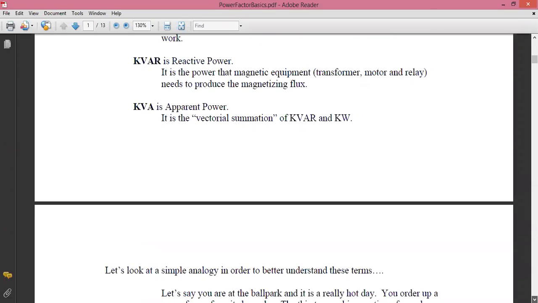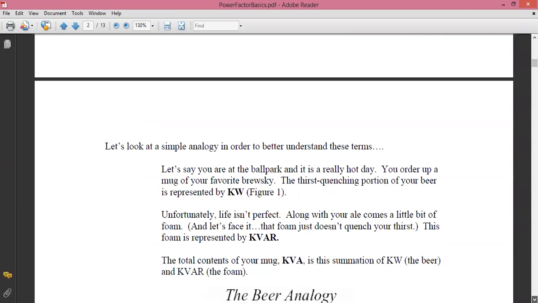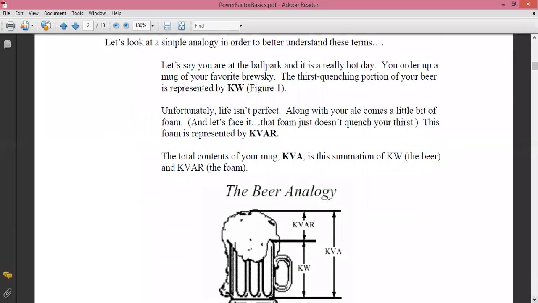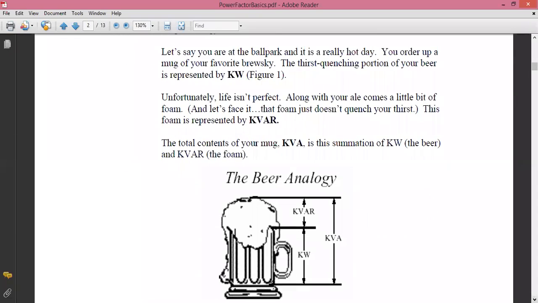Now let me give an example of a simple beer mug. If you take a beer mug, you can better understand what is active, what is reactive, and what is apparent.